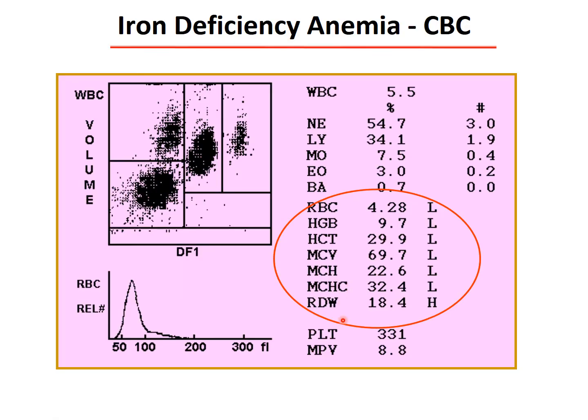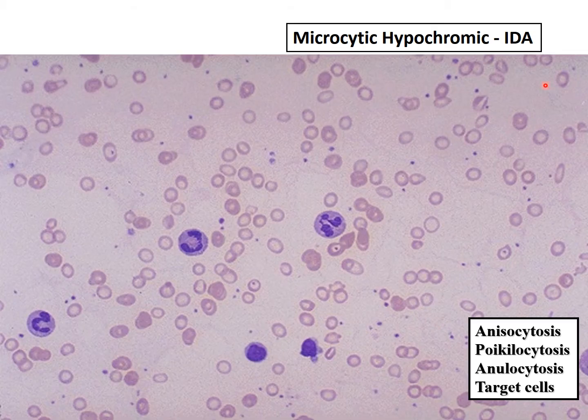Okay, this platelet count is still normal. However, you know that in iron deficiency anemia we can have an increased platelet count. Why? Because hypoxia stimulates erythropoietin.